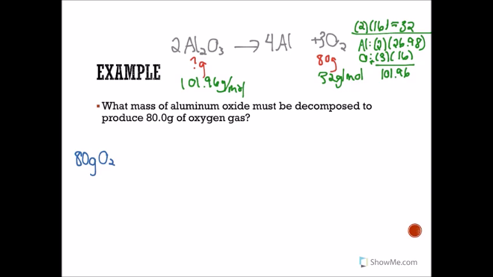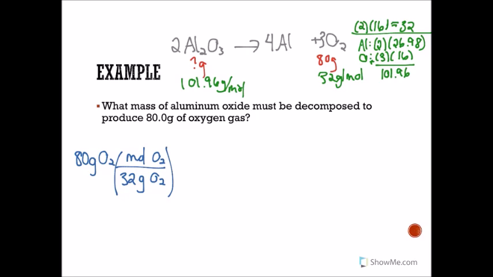So to change it from oxygen to aluminum oxide, we need to know whether oxygen's on the top or on the bottom of our ratio. We start with our number from the question and convert it to moles using molar mass. We have grams on top, so we're going to need grams of oxygen on the bottom, which means moles of oxygen go on the top.